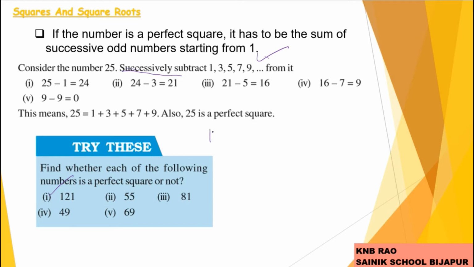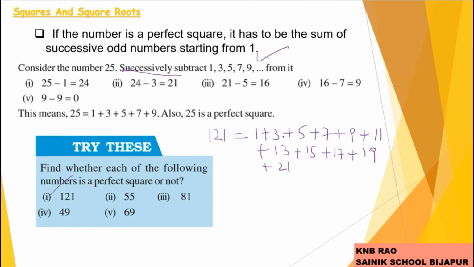So 121 is a perfect square because the sum of the first 11 odd natural numbers is 121. So 1 plus 3 plus 5 plus 7 plus 9 plus 11 plus 13 plus 15 plus 17 plus 19, we have got 10 so far, plus 21 gives us 121. So this is a perfect square.